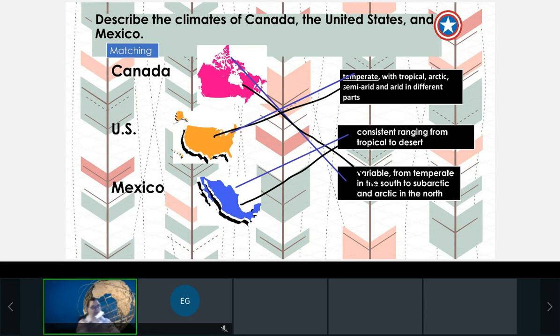The United States 30 to 60, and Canada 60 to 90. Right? So you have 90 degrees of latitude. Don't forget that. And then if you break it into the three parts, 30, 60, 90, you'll know where your climates are. Okay. Eve, next slide, please.